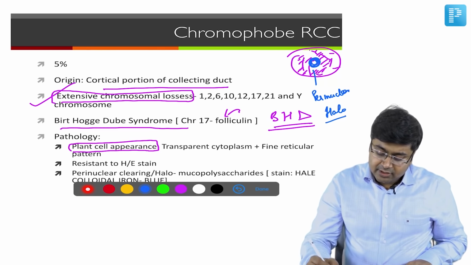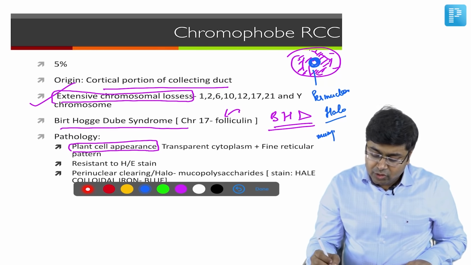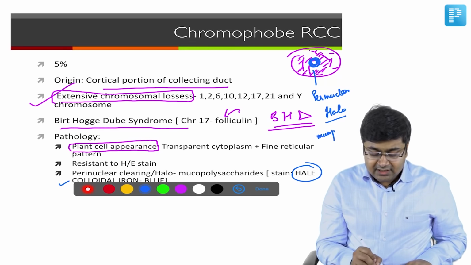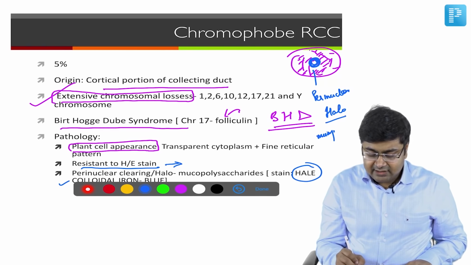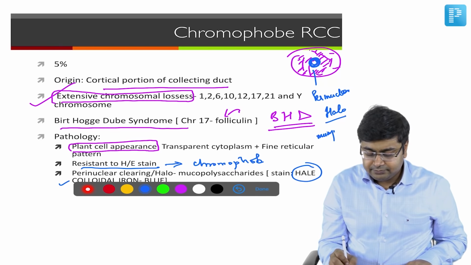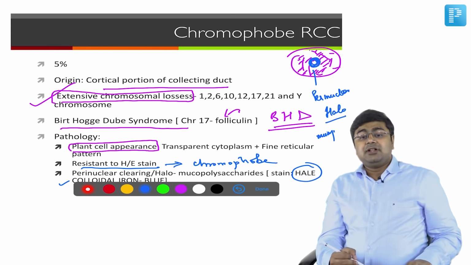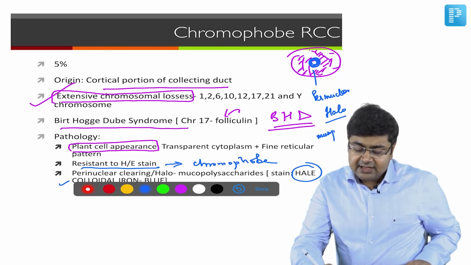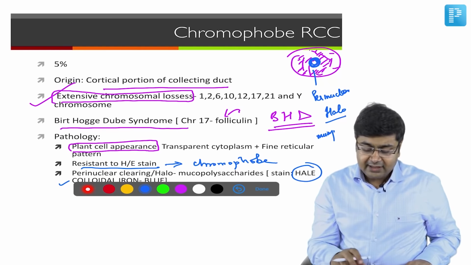This perinuclear halo is basically a mucopolysaccharide deposition which stains blue with Hale's colloidal iron. This is resistant to H&E, that is why it is called chromophobe. So, that is all about chromophobe RCC: nucleus, perinuclear clearing and cytoplasm with fine reticular pattern.